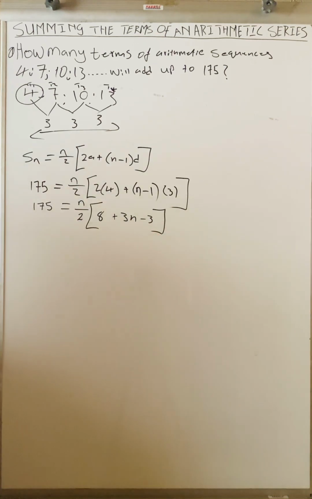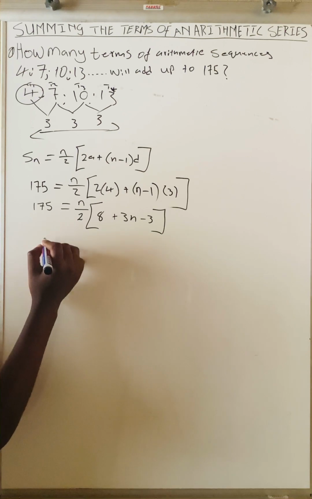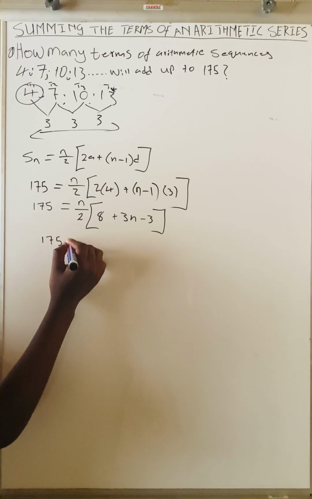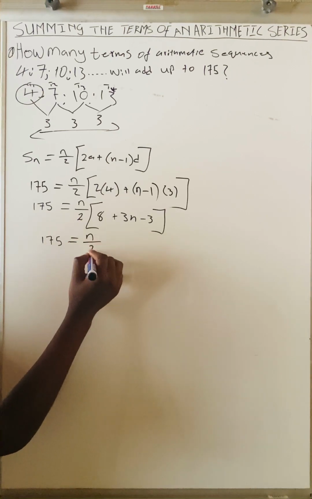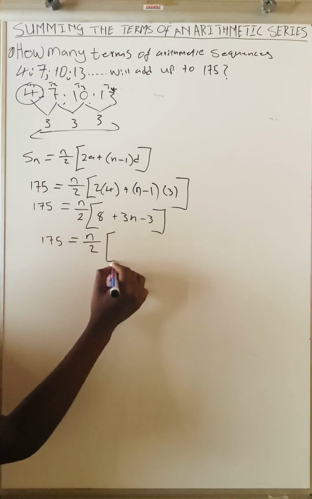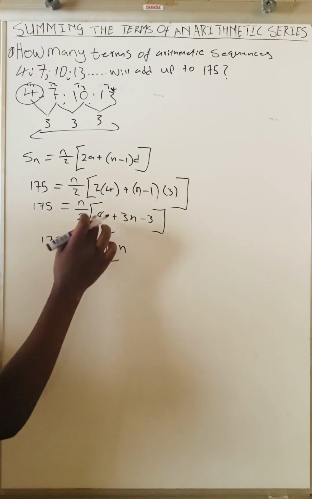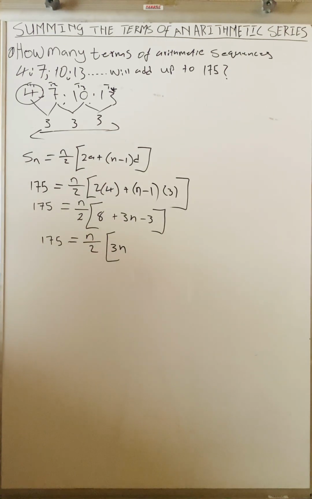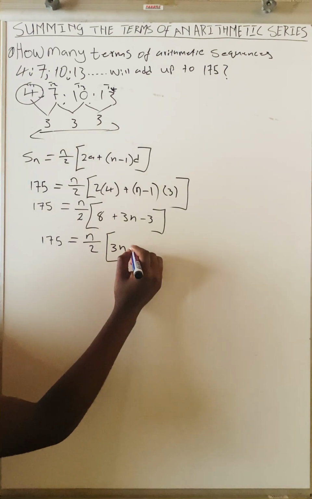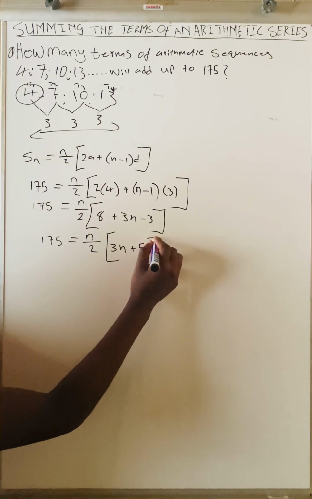So 175 is equal to n over 2, and inside the bracket we add the like terms: 3n, then 8 minus 3, which gives positive 5.